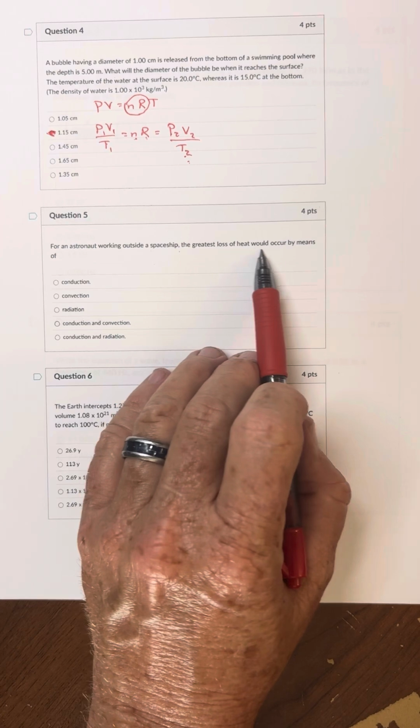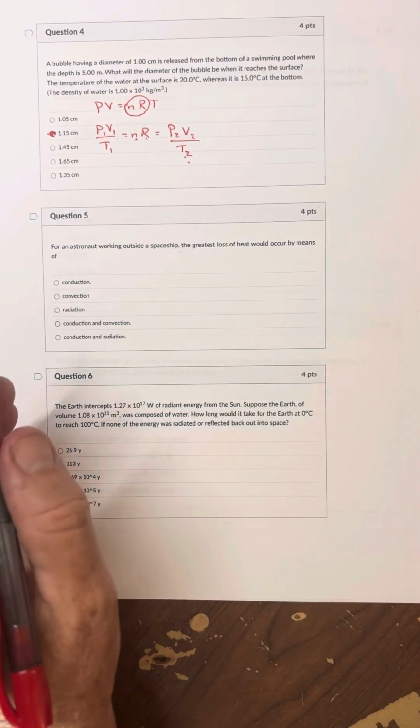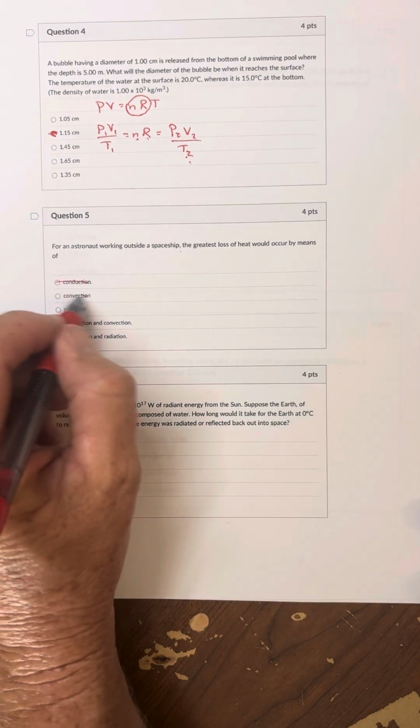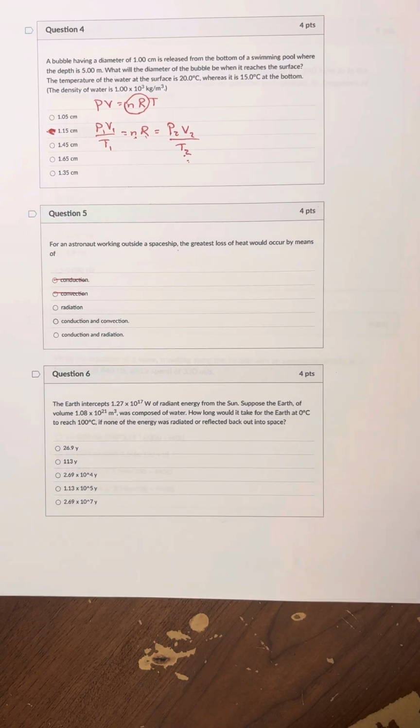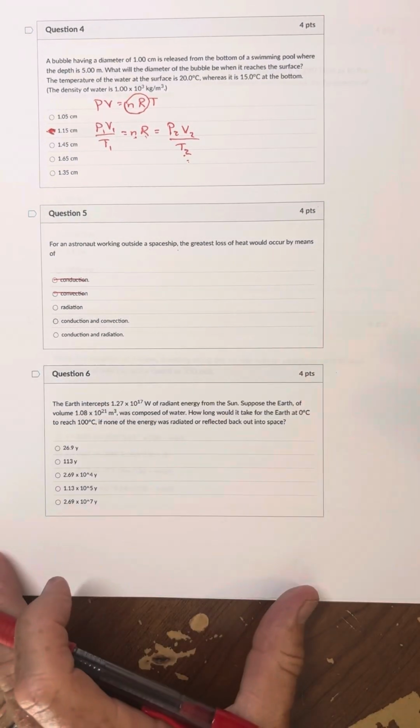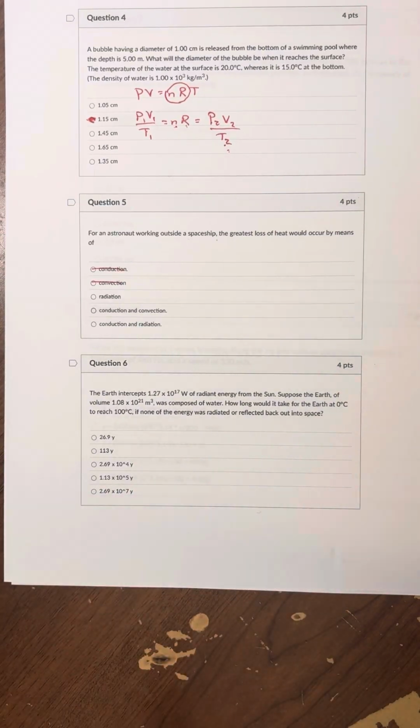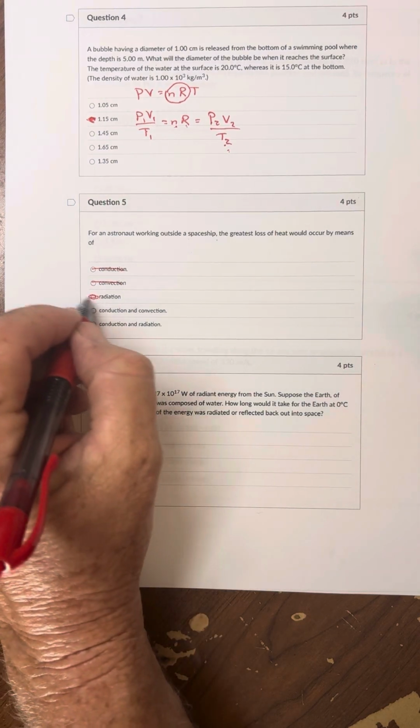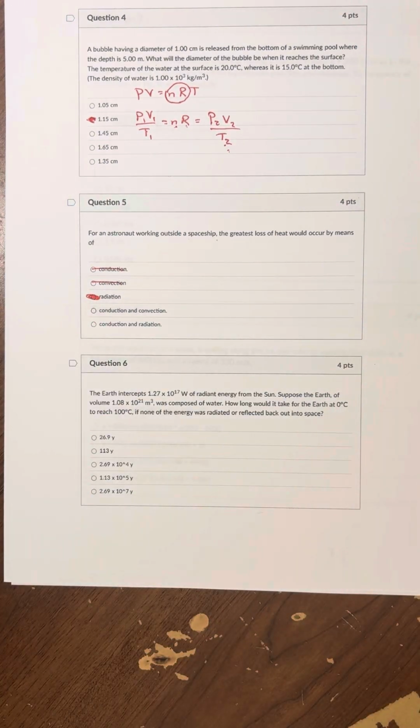The greatest loss of heat occurs by means of, well, it can't be conduction or convection, because conduction and convection involve molecules, and a vacuum means no molecules. So things in outer space like satellites and space shuttles, and in this case an astronaut, need to get rid of their heat by radiation. That's the only way they can dissipate heat.